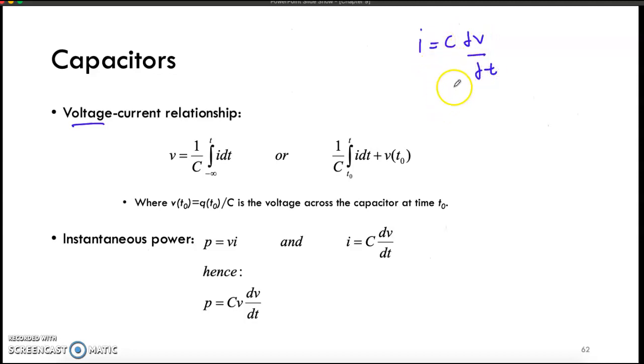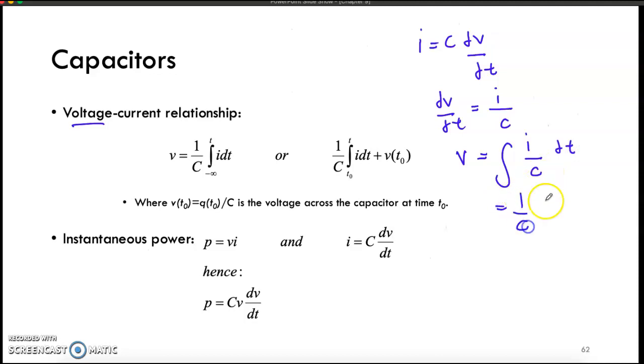You want to know the relation of V to i, so you make it i divided by C. To find V, you need to integrate i over C dt, right? C is a constant, so you take out the 1 over C. Then you integrate i dt from the initial time to the time taken, plus the initial value.